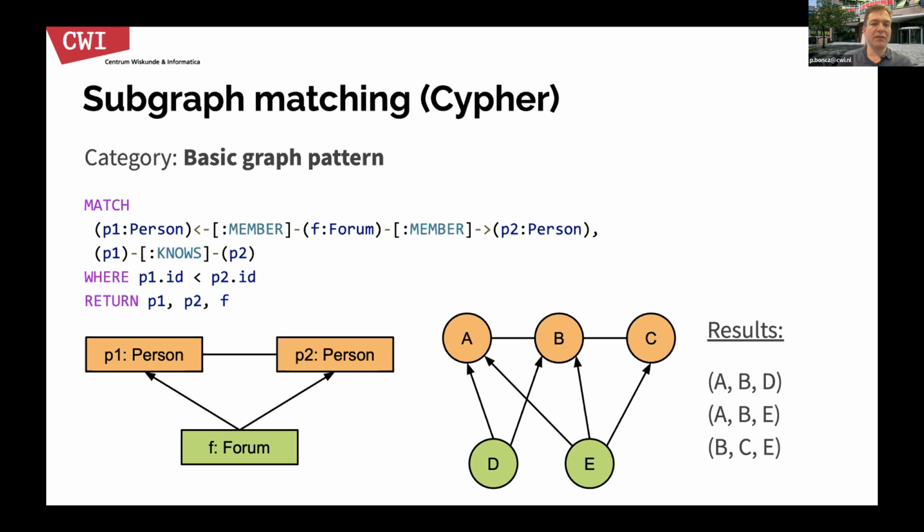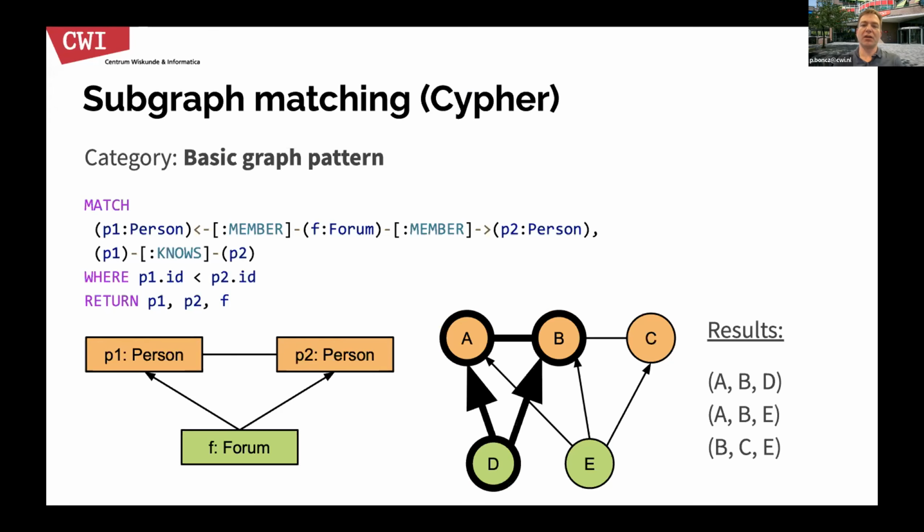If the arrow doesn't have a direction, it can match either direction. So you see that in knows, it doesn't have an arrow in there. And here we ask in this query for two persons, P1 and P2, that are both members of the same forum. We want no duplicates, and enforce this by checking that one ID is smaller than the other ID.